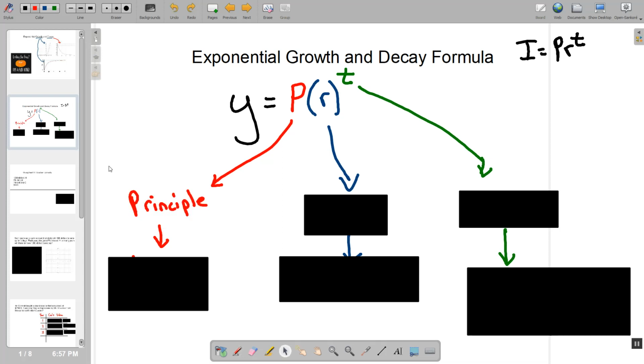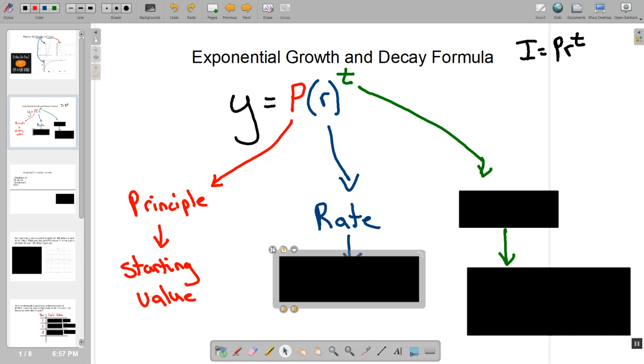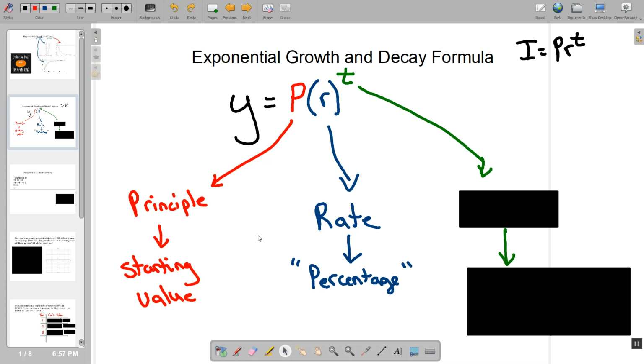Well, the P stands for principal, and principal is a banking term mostly that means your starting value. So for example, if I have a bank account, my principal would be how much money I put in the bank account. R then stands for the rate of whatever that exponential growth or decay is, and we think of rate as a percentage, and you always want to think of it as a percentage that is rated over 100%, either up or down.